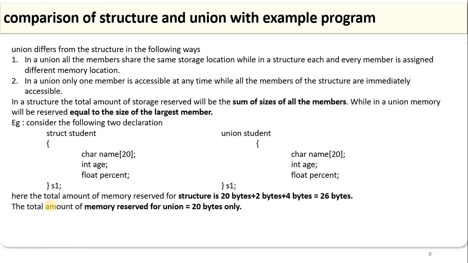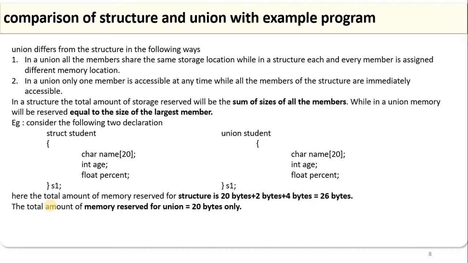Then let's see the comparison of structure and union with an example program. Union differs from the structure in the following ways. In a union, all the members share the same storage location, whereas in structures, as you have seen, they have different memory locations.